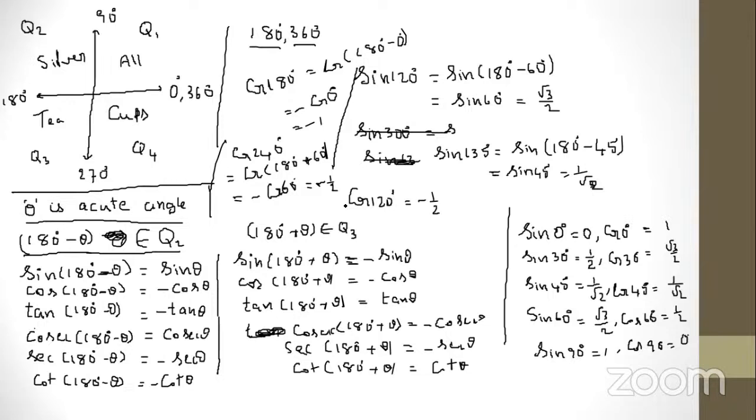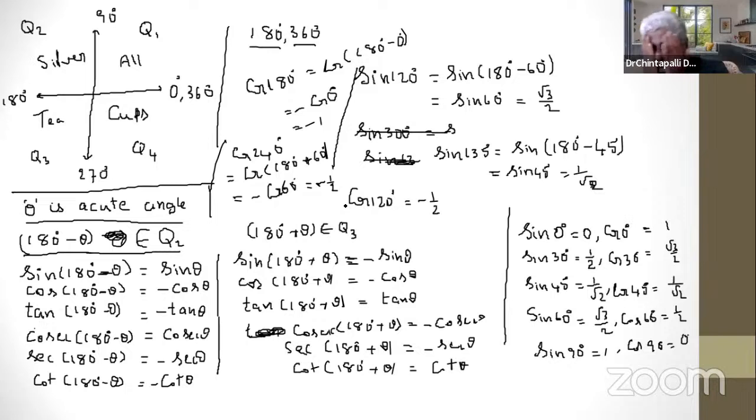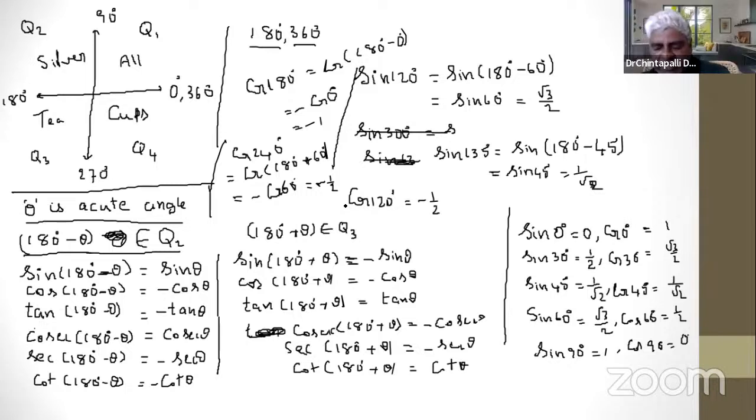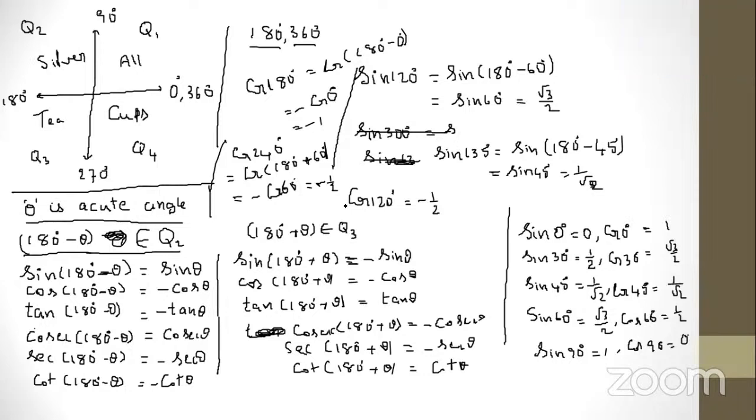What is sine 210 degrees? Calculate on your own. 210 degrees. It is 180 plus 30.